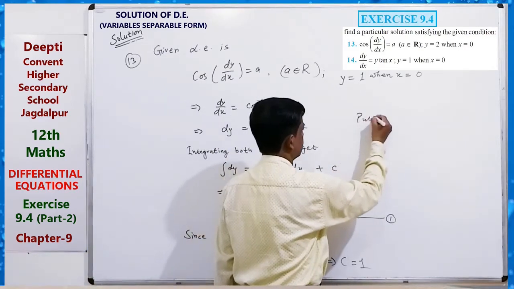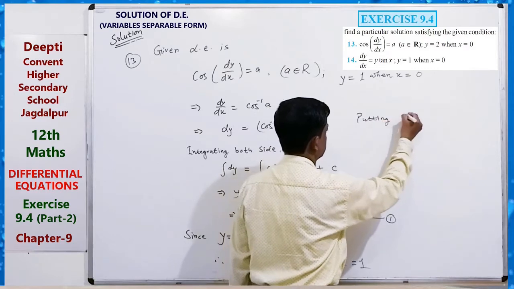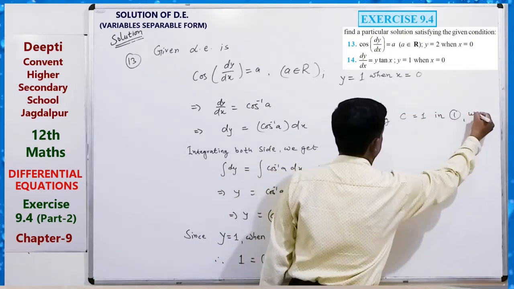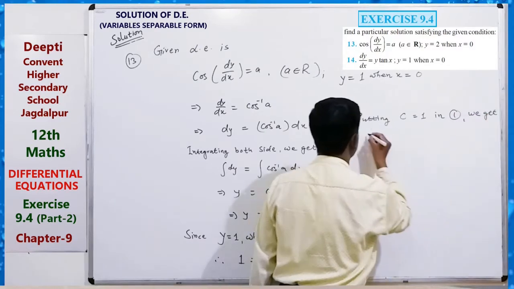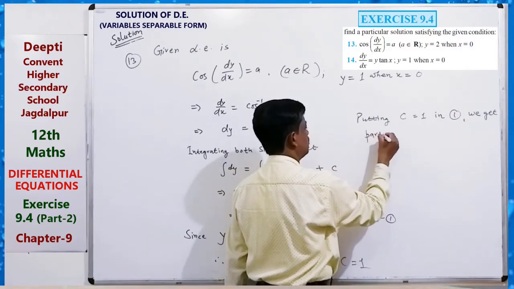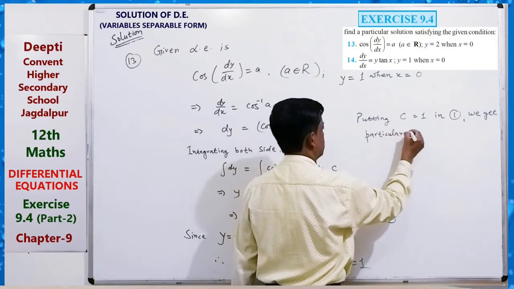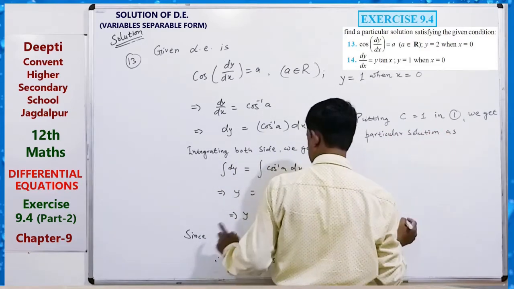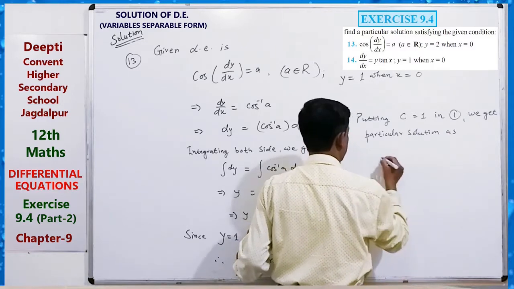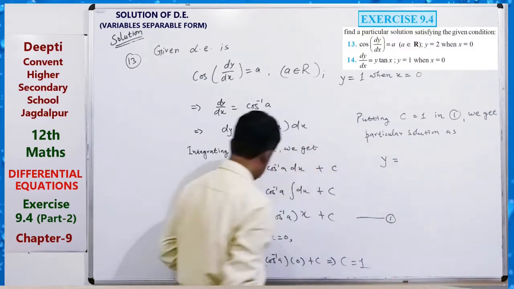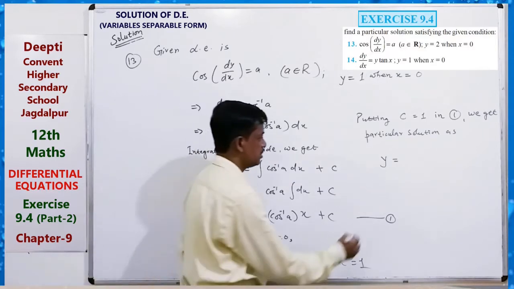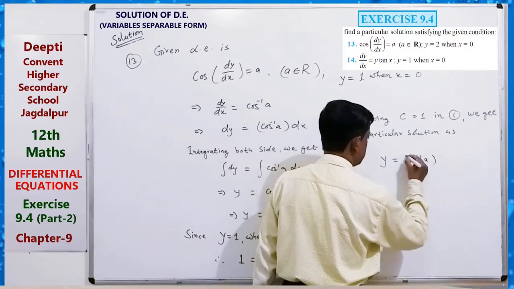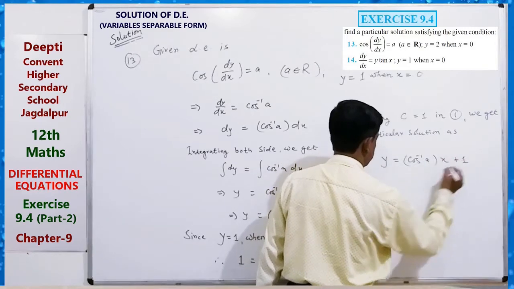Putting c equals 1 in equation 1, you get the particular solution: y equals cos inverse a times x plus 1.